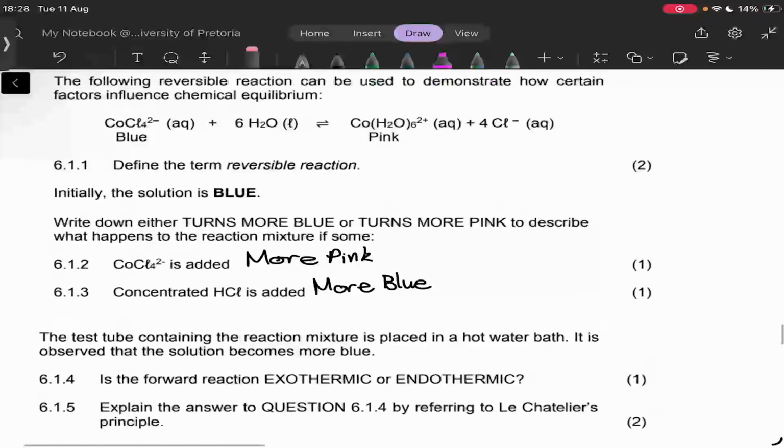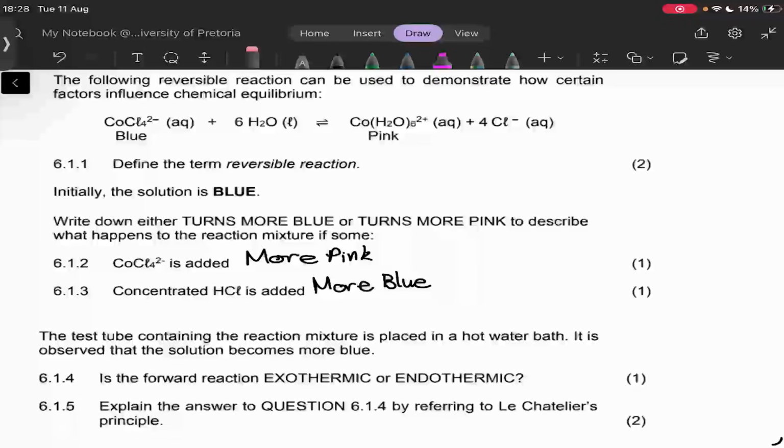Now, we are told that the test tube containing the reaction mixture is placed in a hot water bath. It is observed that the solution becomes more blue. Is the forward reaction exothermic or endothermic? If we place the test tube containing the reaction mixture in a hot water bath and we observe that it turns more blue, does it mean that the forward reaction is exothermic or endothermic?